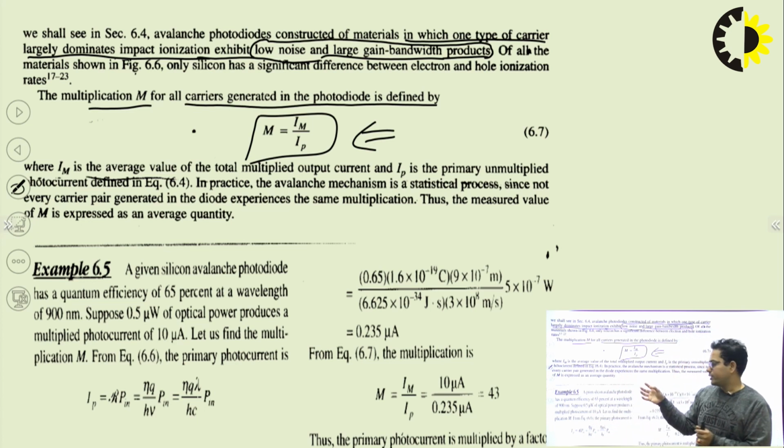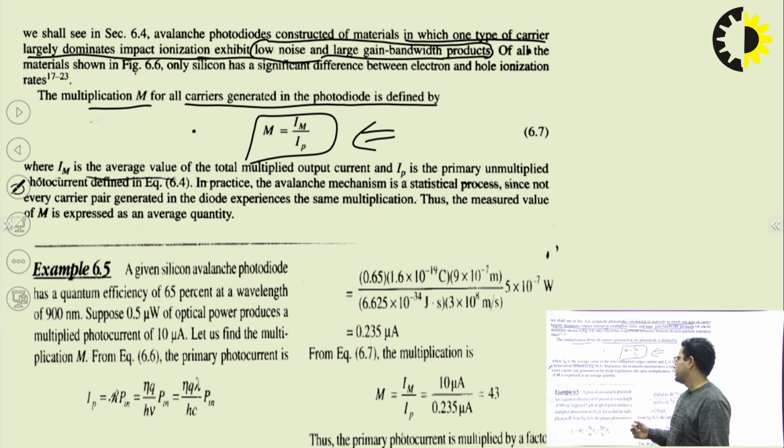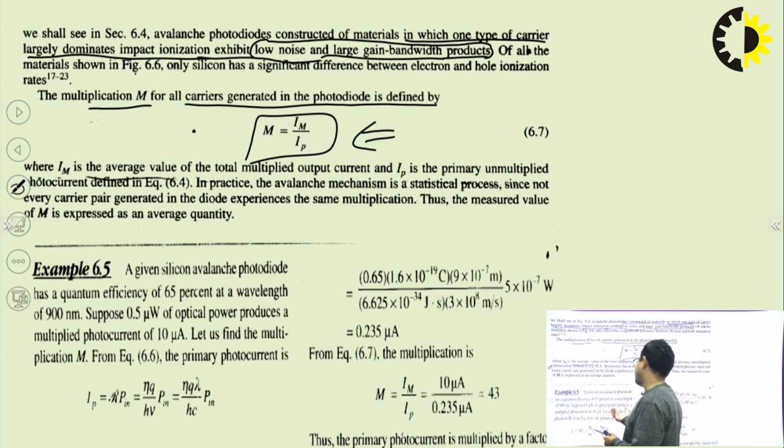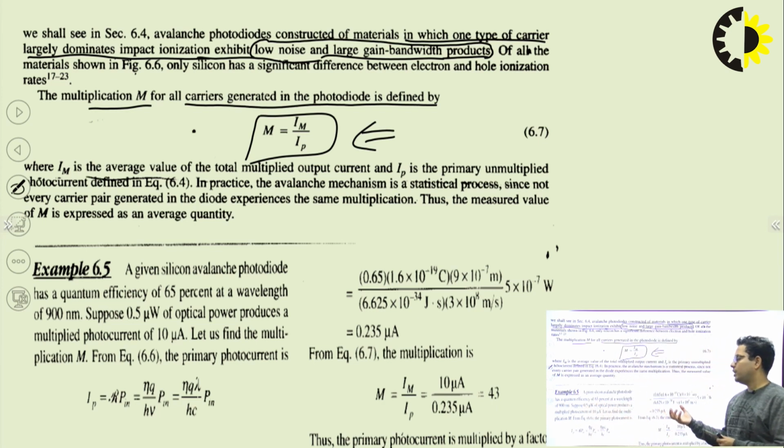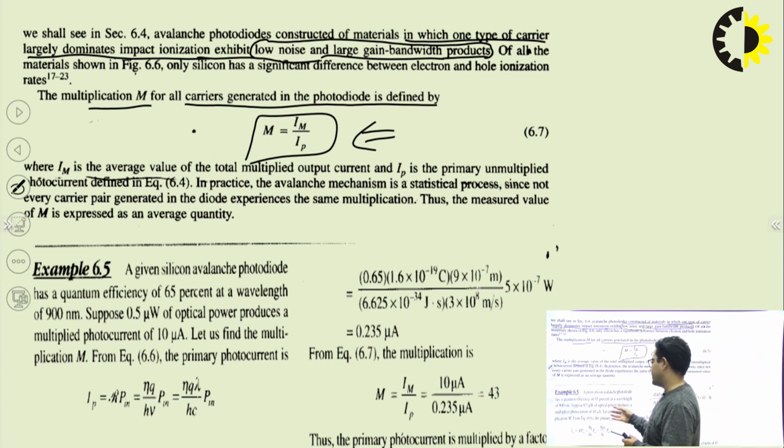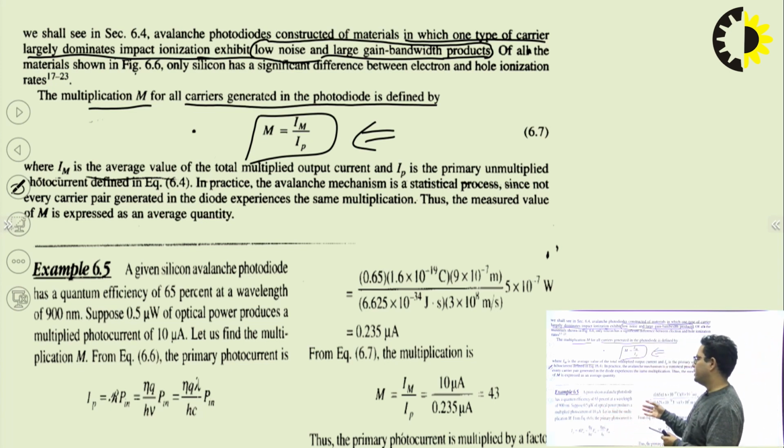In that they are also going to ask you a small numerical of 1.5 or 2 marks, like: a given silicon avalanche photodiode has a quantum efficiency of 65% at a wavelength of 900 nanometer, and 0.5 microwatt of optical power produces a multiplied photocurrent of 10 microamp, and they are asking to find the multiplication factor.